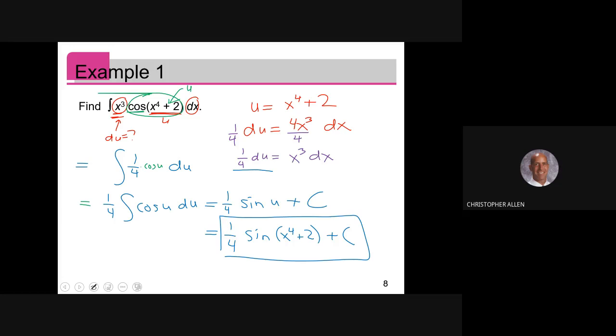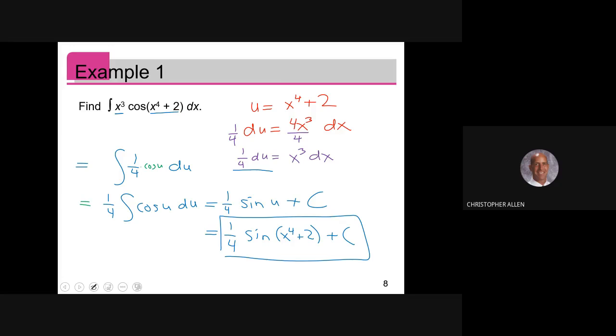So remember, here's kind of the gist of what we did. Let me erase all of these markings up here. We had this scary looking integral, right? And when I say scary, I mean it looks difficult. But we noticed that this x to the 4th plus 2, when I do the derivative of that, it's kind of like something x to the 3rd.